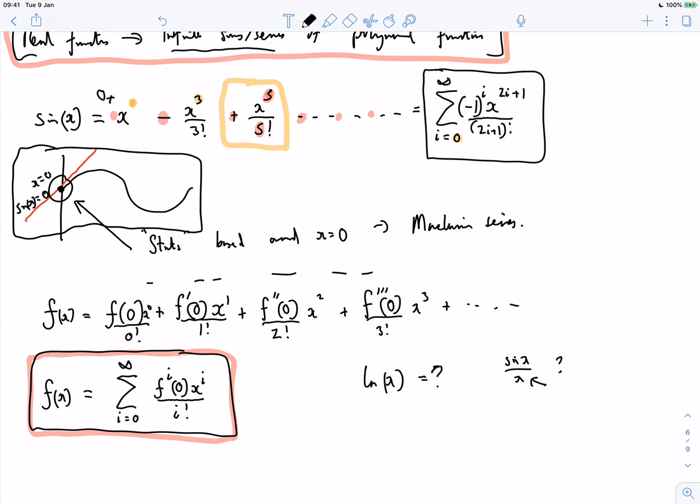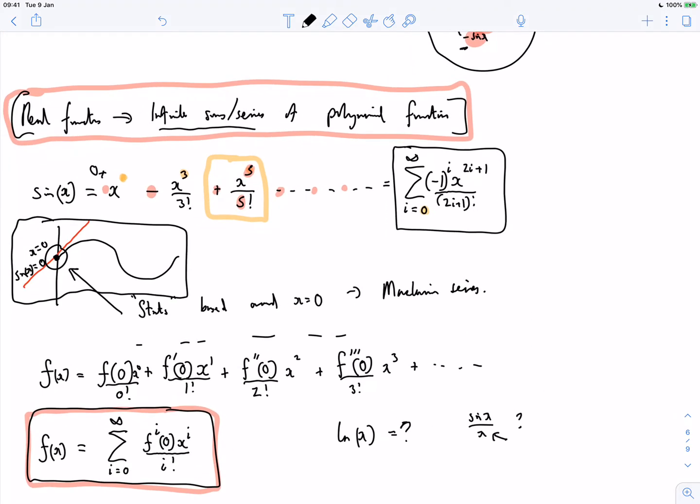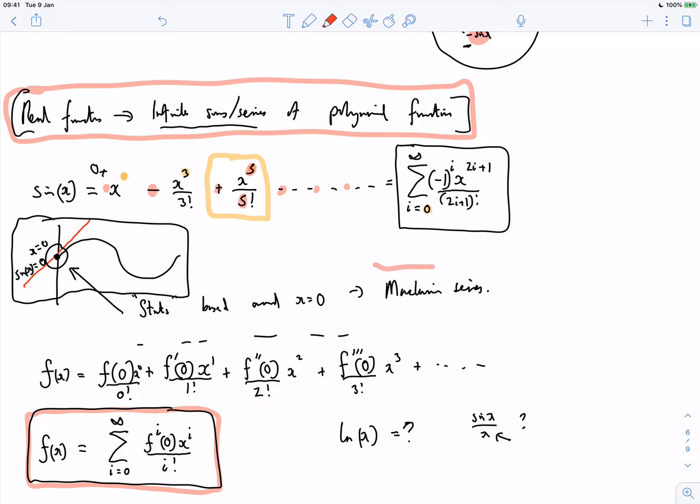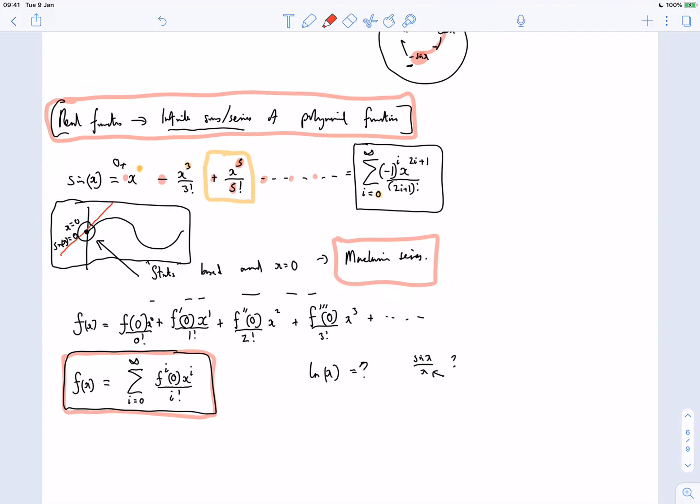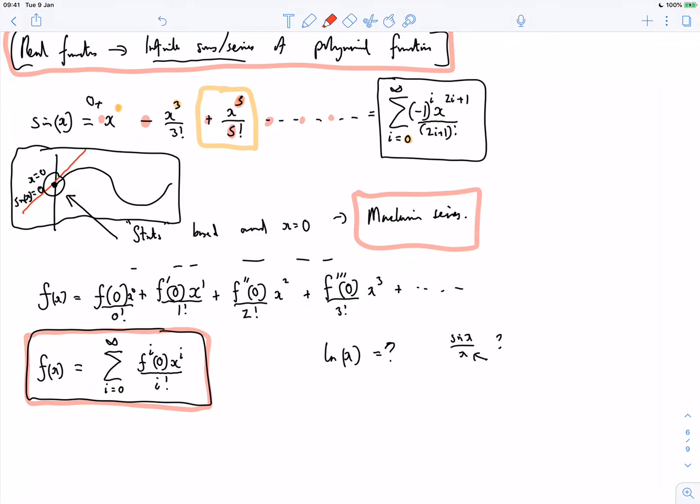Now, what we're going to do is talk about the Taylor series. This is the Maclaurin. The Taylor series is more or less exactly like the Maclaurin, but everything is shifted.